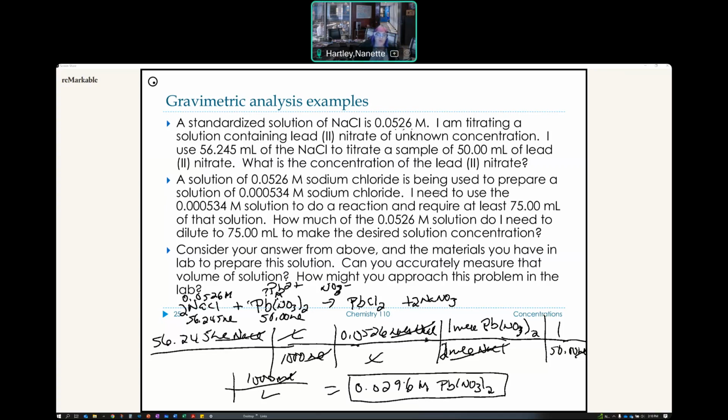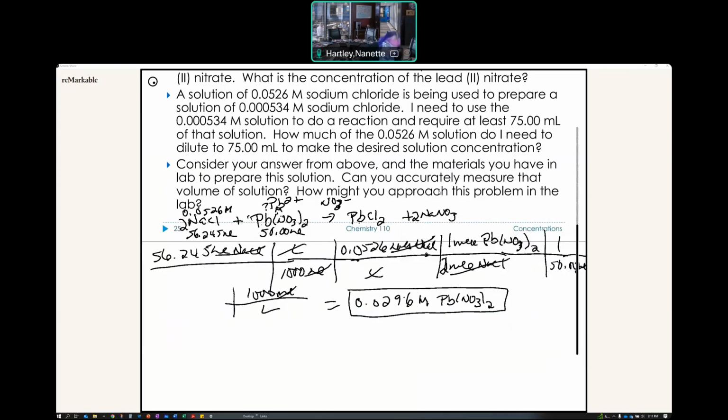How much of the 0.0526 molar solution do I need to dilute to 75 milliliters to make the desired solution concentration? Well, remember once upon a time, we talked about M1 V1 equals M2 V2. The M's are molarities and the V's are volumes, right?